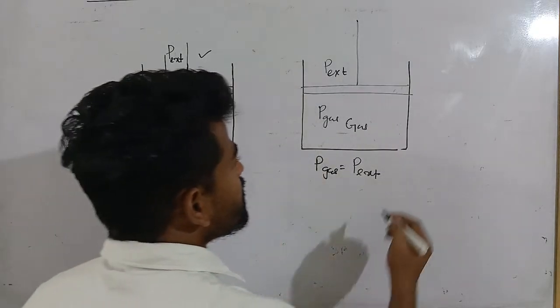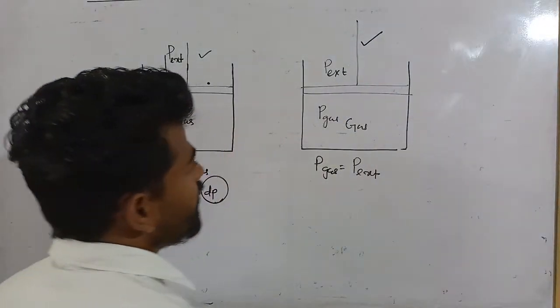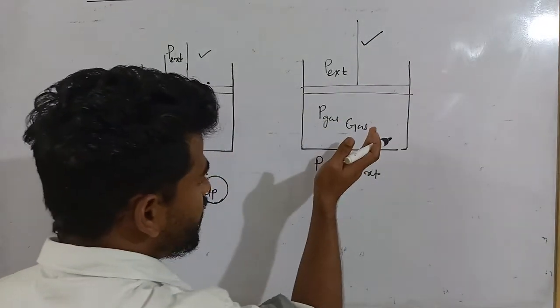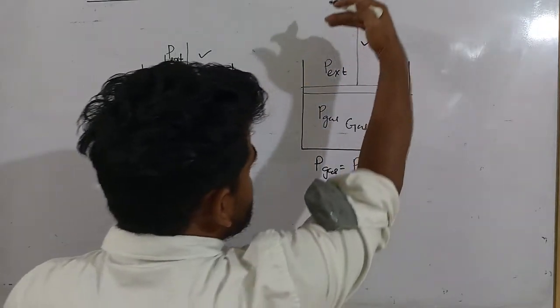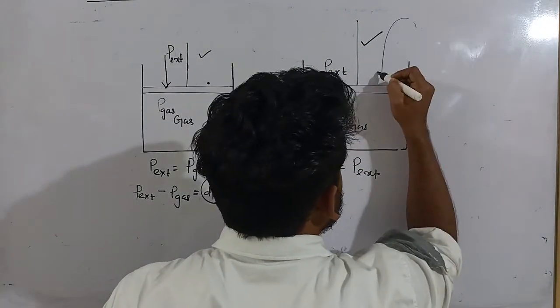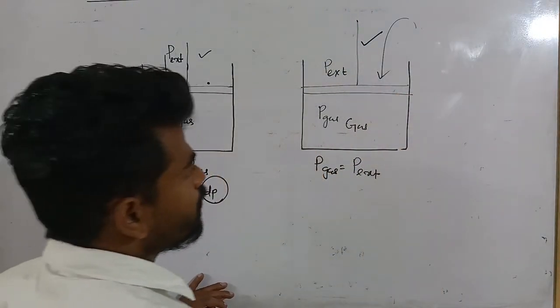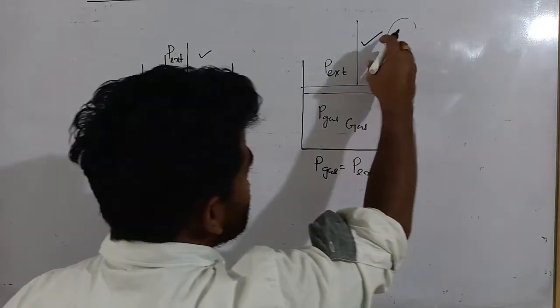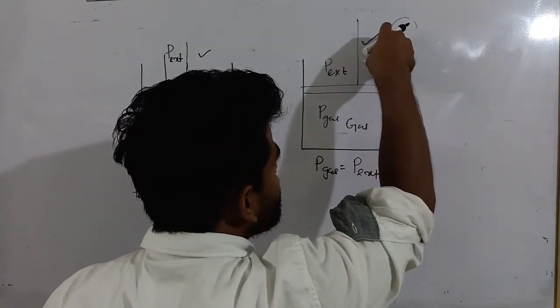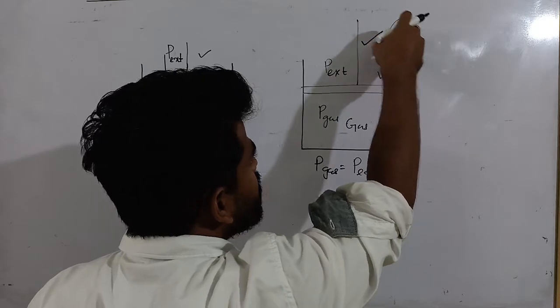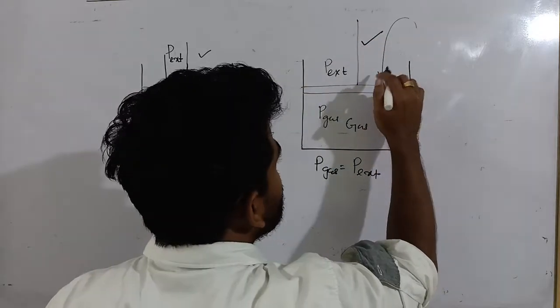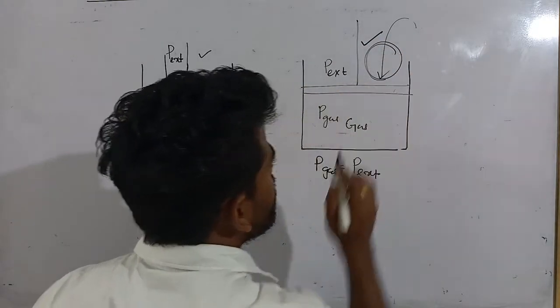If I suddenly increase the P external pressure, the driving force, to compress it, by immediately placing some big, heavy mass on the piston, what happens?